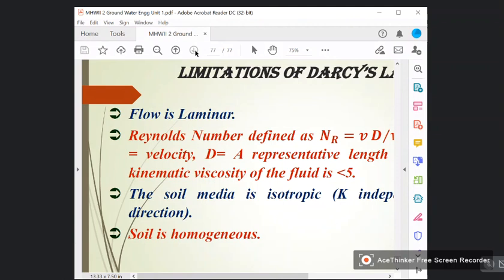But if you consider delta H by delta X, always H2 will be less than H1 and X2 will be greater than X1. So if you write H1 minus H2 by X1 minus X2, it will be a negative quantity. So delta H by delta L is always negative.